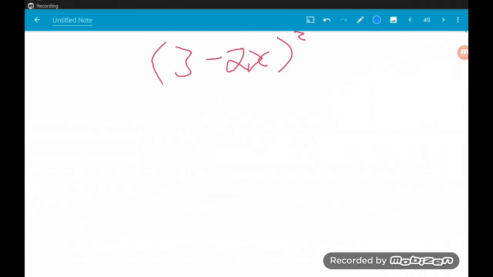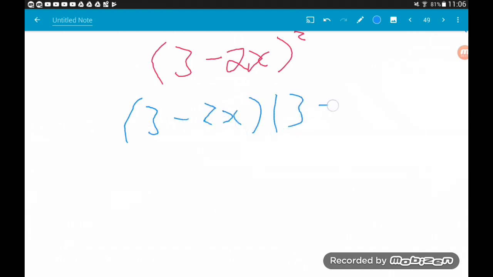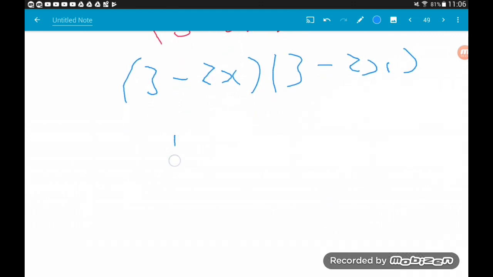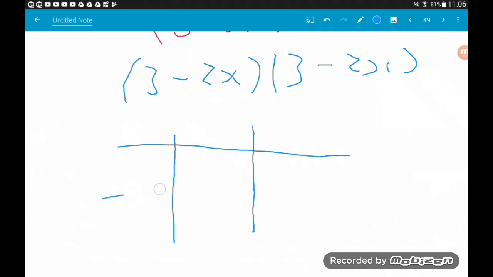Question 4. 3 minus 2x all squared. So again, remember, this is saying 3 minus 2x times 3 minus 2x. So it's a quadratic expansion. I think we'll use a table for this one. Remember, you don't have to use a table. You can if you want to.